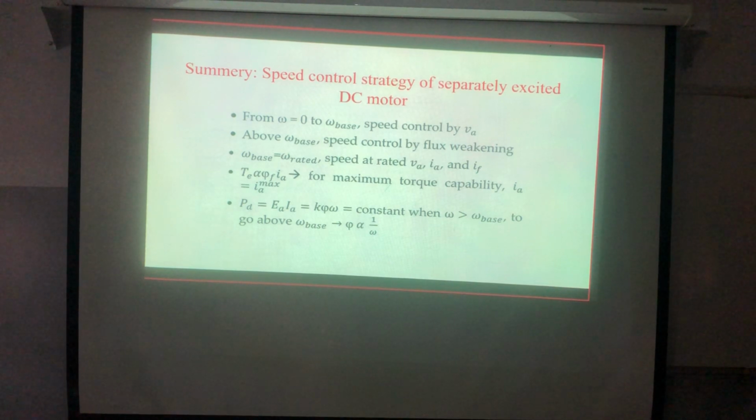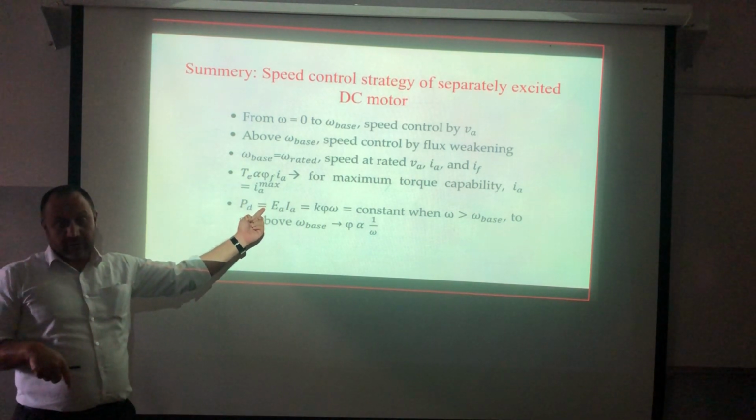Now what about the developed power? We know that in the DC machine, the developed power is nothing more than the back EMF multiplied by the armature current. Now, if I'm reducing the flux, the speed will increase. So EA should be constant.